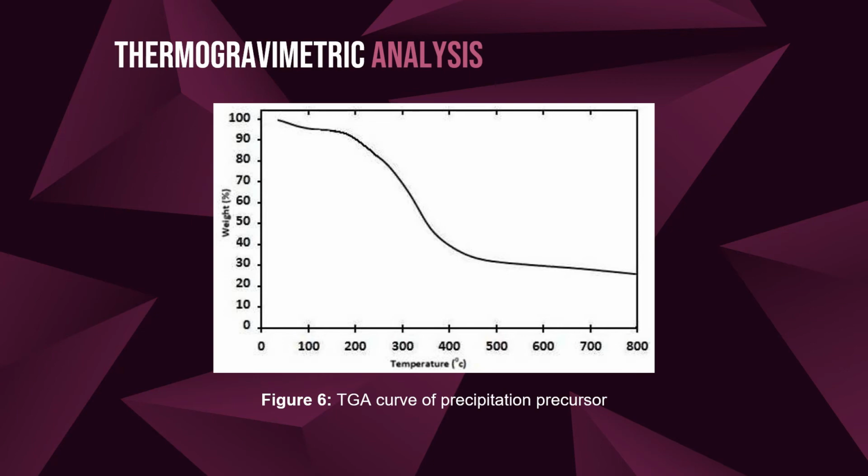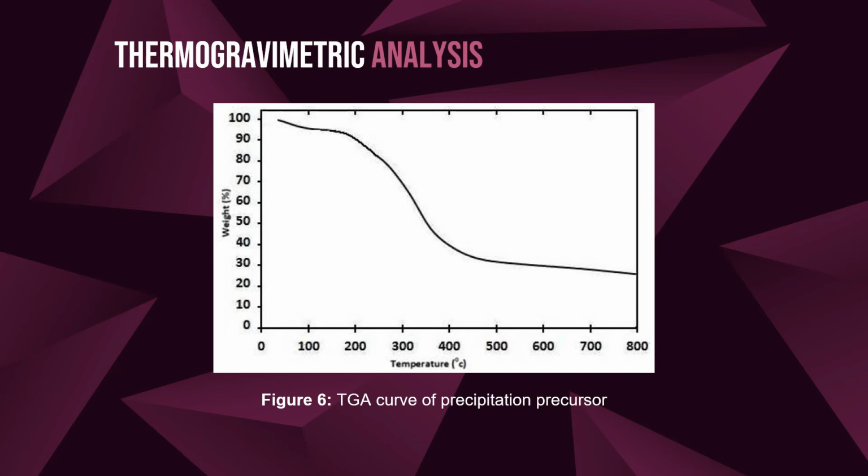In the temperature ranges of 30 to 150 degrees Celsius and 160 to 450 degrees Celsius, there are two pronounced mass loss steps in the TG curve. The first weight loss is mostly due to evaporation of surface absorbed water, while the second is due to the volatilization and combustion of organic compounds in the sample.